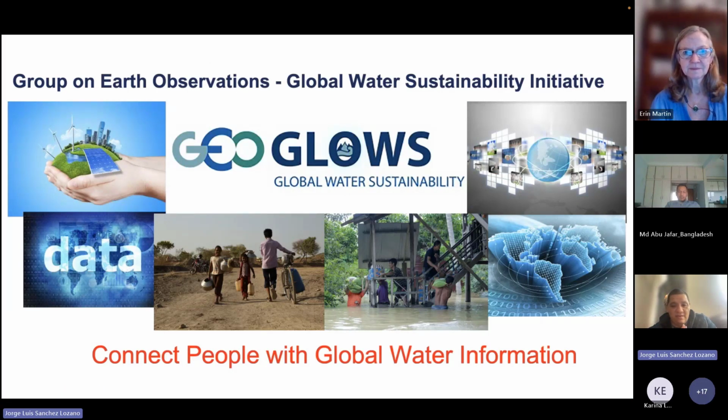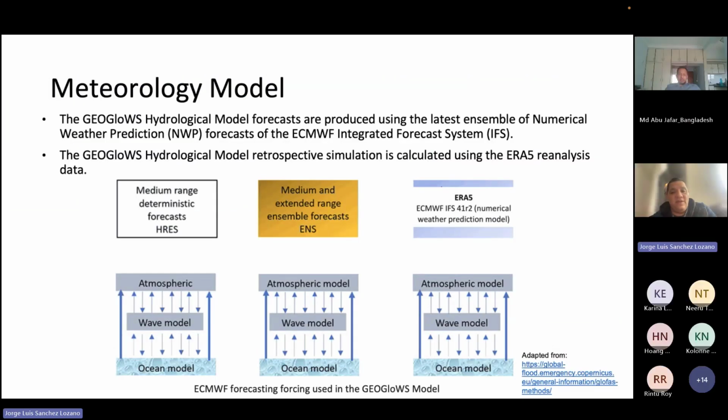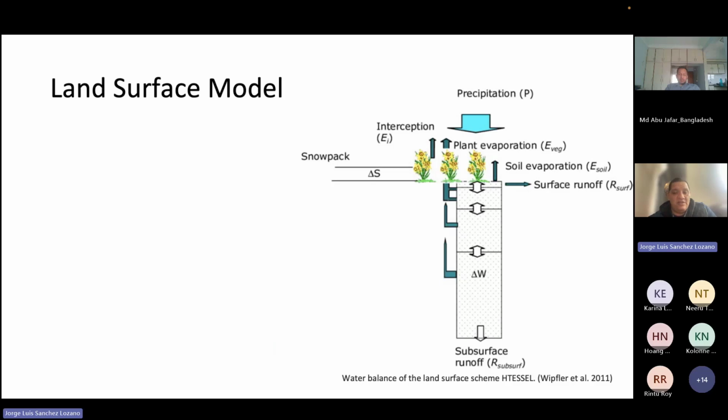And for that, they have developed a global hydrological model that uses the ECMWF integrated forecast system, the high resolution medium range forecast, and the ensemble medium and extended range weather forecast to produce hydrological forecasts, and the ERA5 reanalysis to produce a retrospective hydrological simulation.